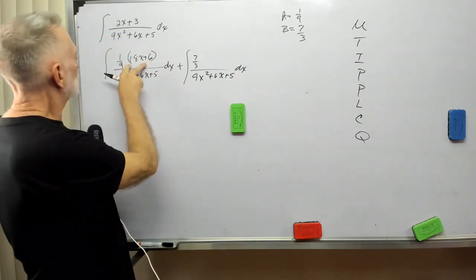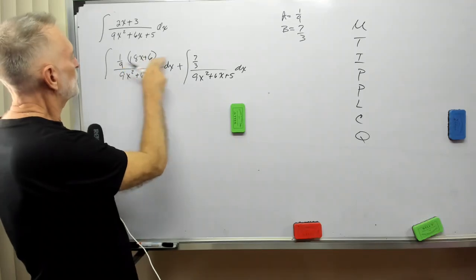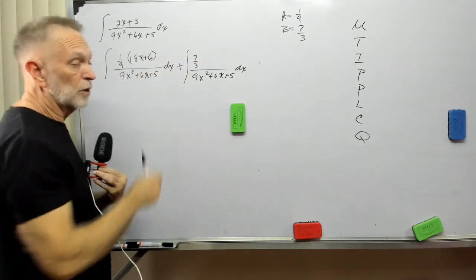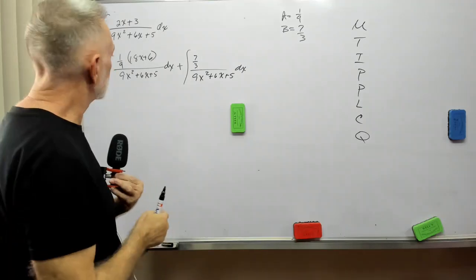So this is 2x plus 3, and I've just separated those into two different integrals.